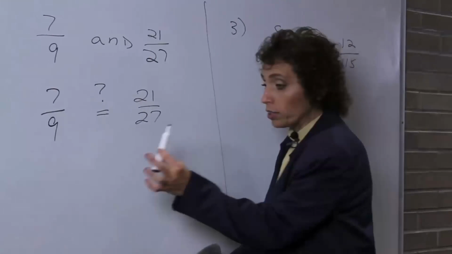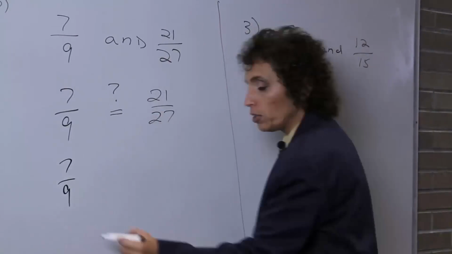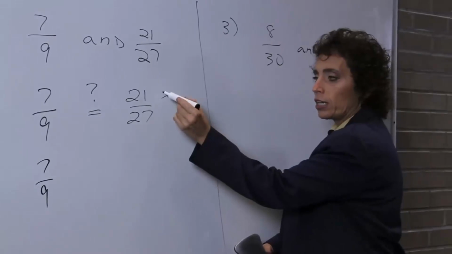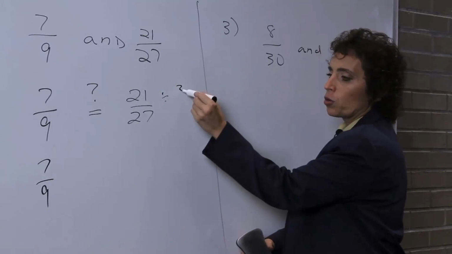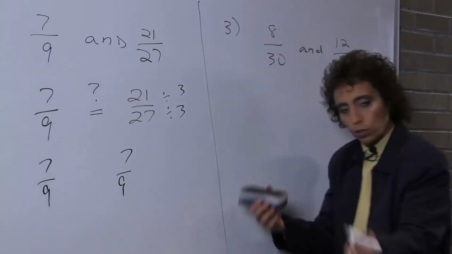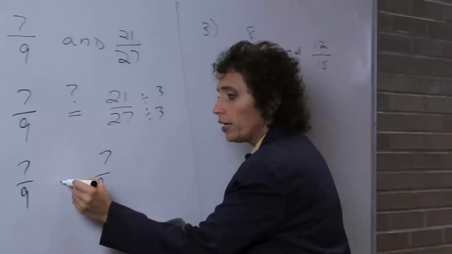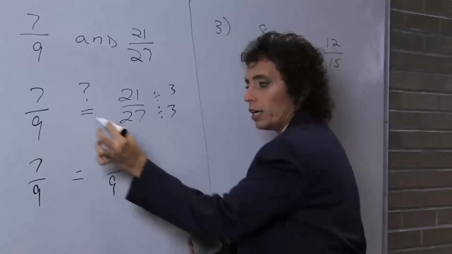Or what else I could do is reduce them both. Obviously, this does not reduce. If I reduce this one, I could divide by 3, and I would get 7/9. So it's equal. I've just shown you 3 ways already that that's equal. Another way is I could cross multiply.